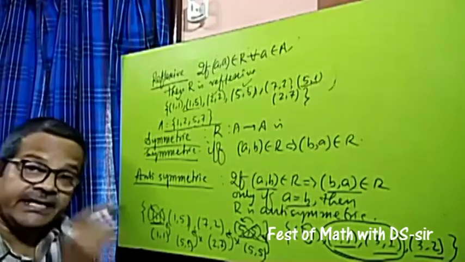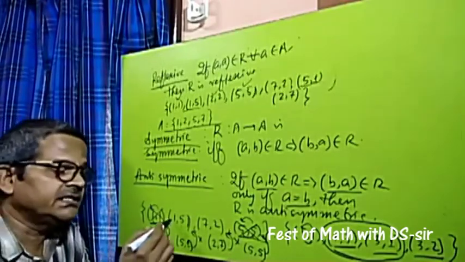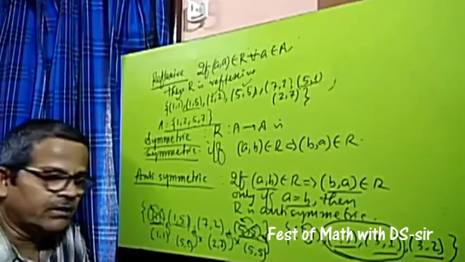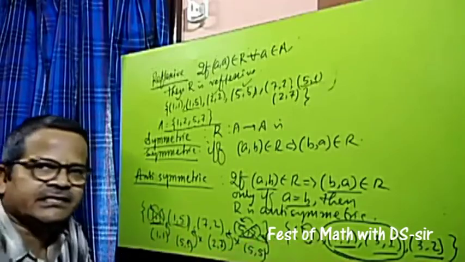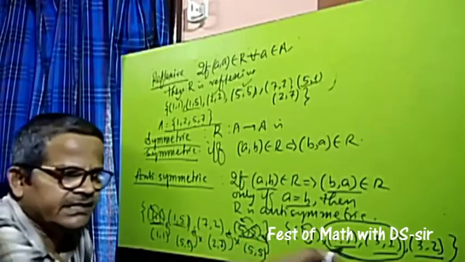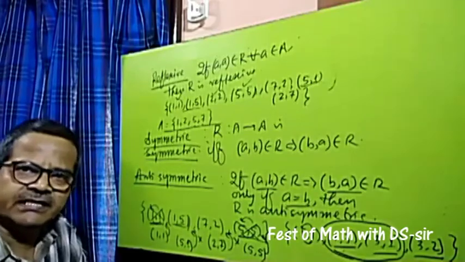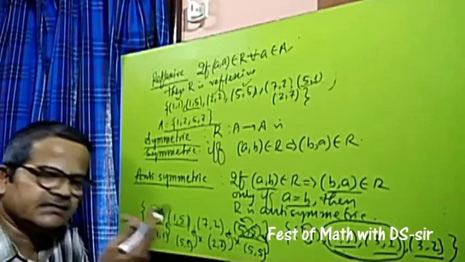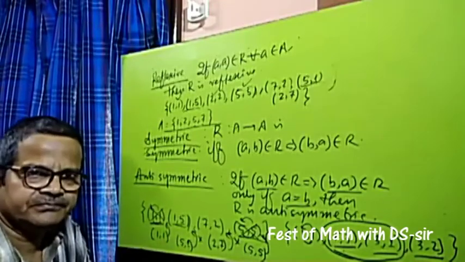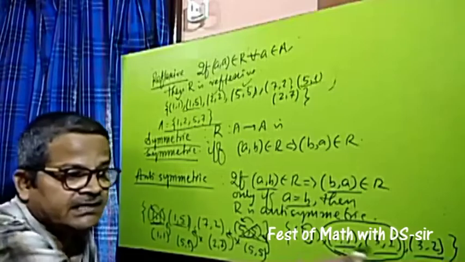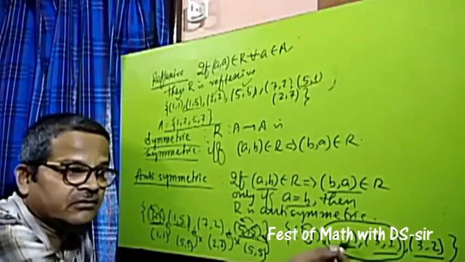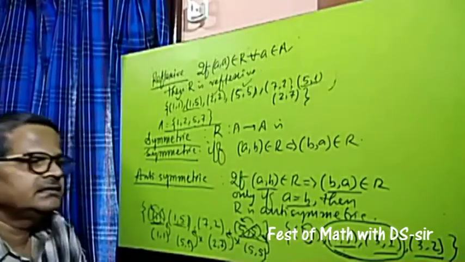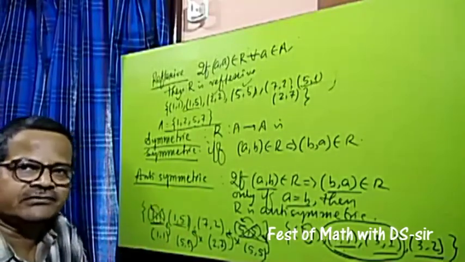That is the first check. Second check: is there any ordered pair whose pre-image and image are unequal, but which has its symmetric couple? Does this symmetric couple exist or not? If you find a non-identical ordered pair whose symmetric couple exists, then you claim that it is not anti-symmetric.